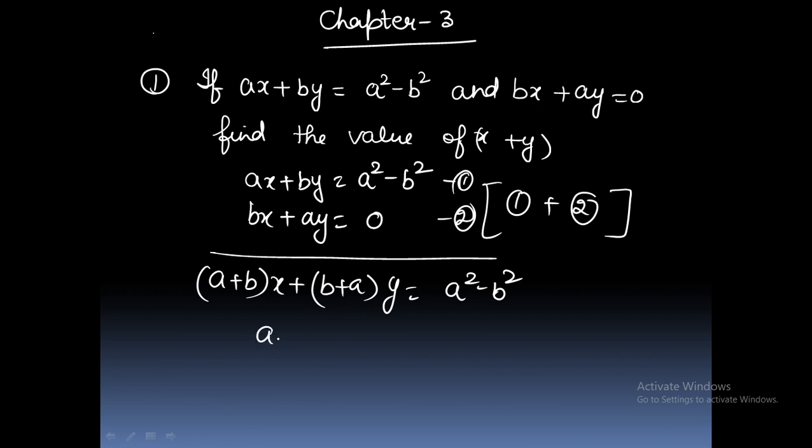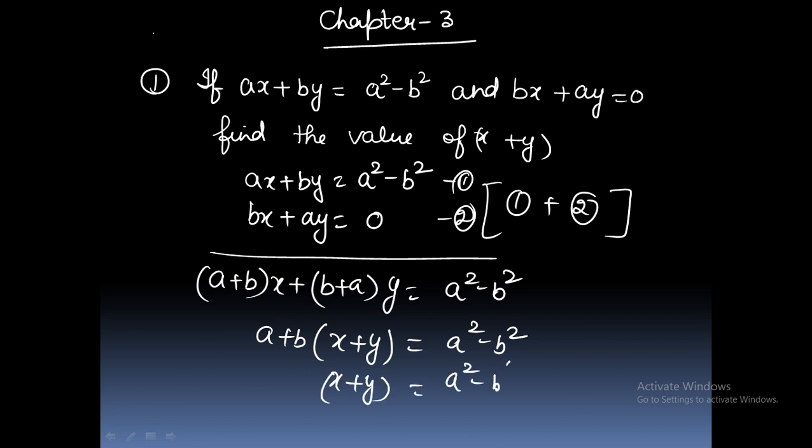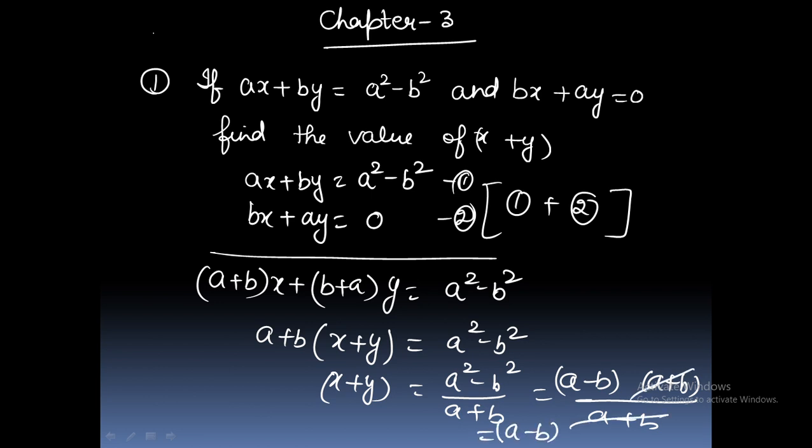You can take a plus b common, and x plus y in one bracket is equal to a square minus b square. x plus y is equal to a square minus b square over a plus b. Here you can write a minus b times a plus b over a plus b, and this value cuts with this value because they are the same, and a minus b is the answer of x plus y.